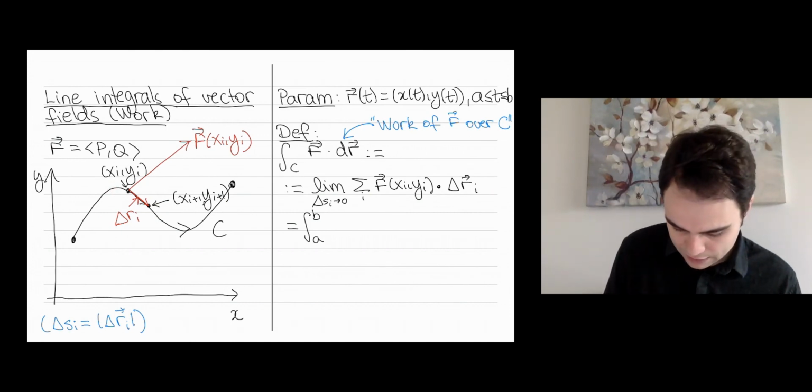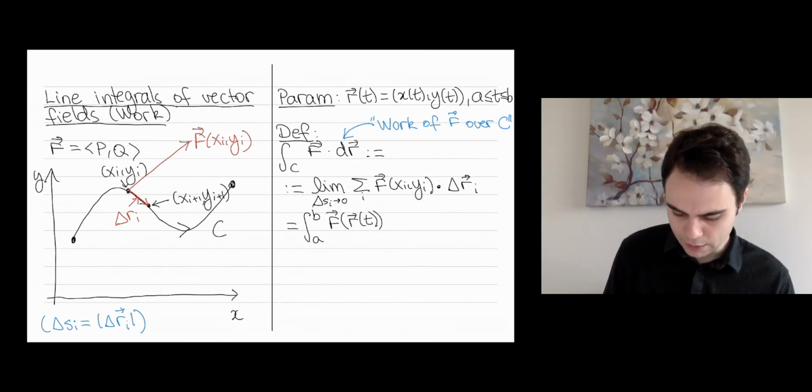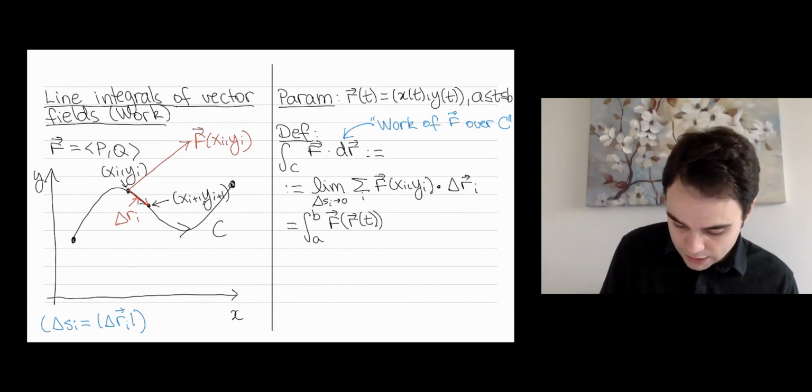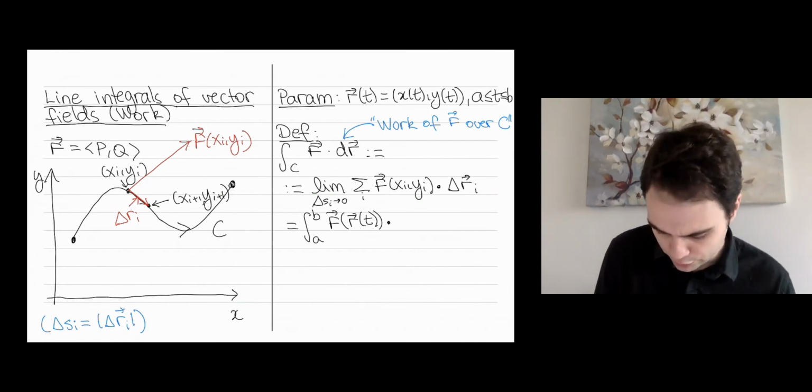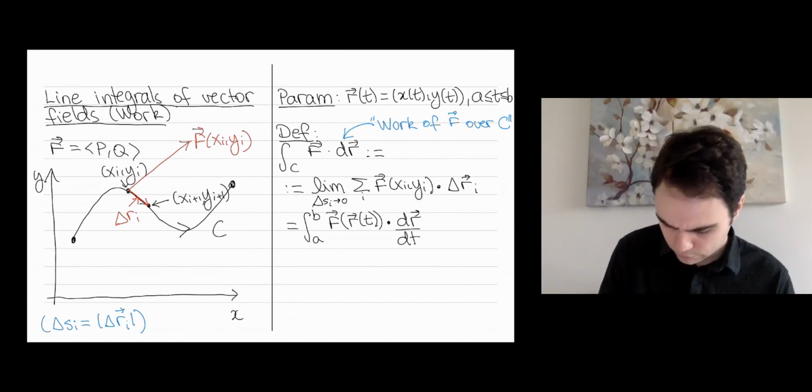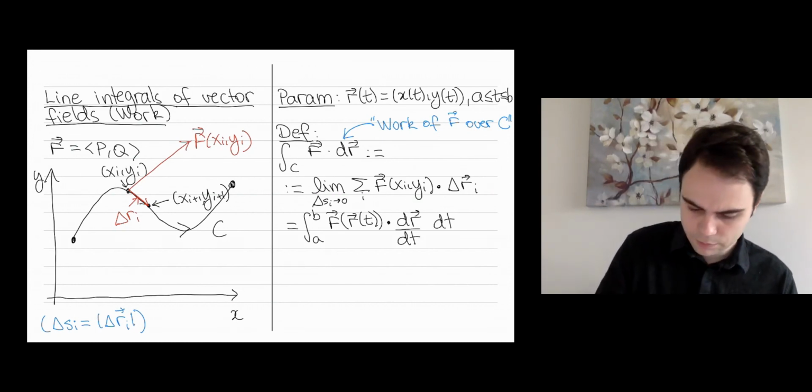So I'm going to evaluate f at the point on the curve that I get for that value of t between a and b. And then I'm going to do the dot product of that with the velocity vector of the parameterization. I'm going to do the dot product of that with dr dt. And then multiply by dt.